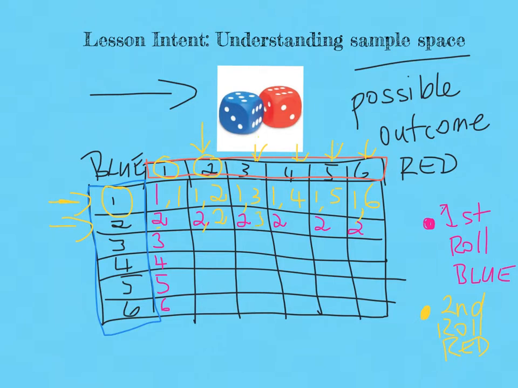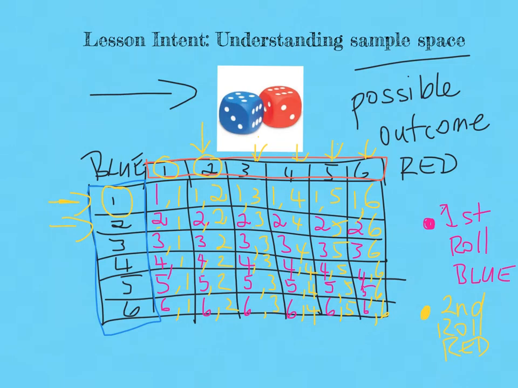So this is 3, 4, 5, 6. Again, 3, then 1, 2, 3, 4, 5, 6, and so on. Okay, so I've just sped this up now.